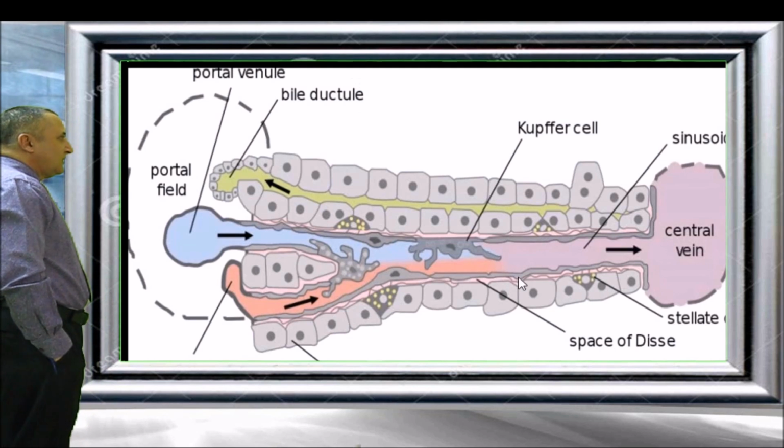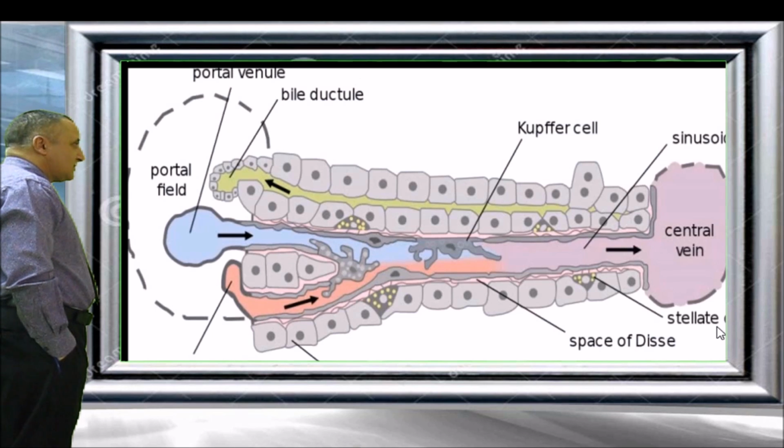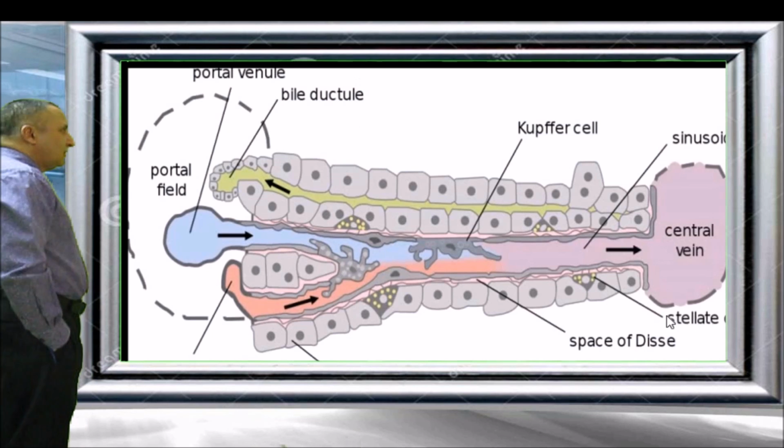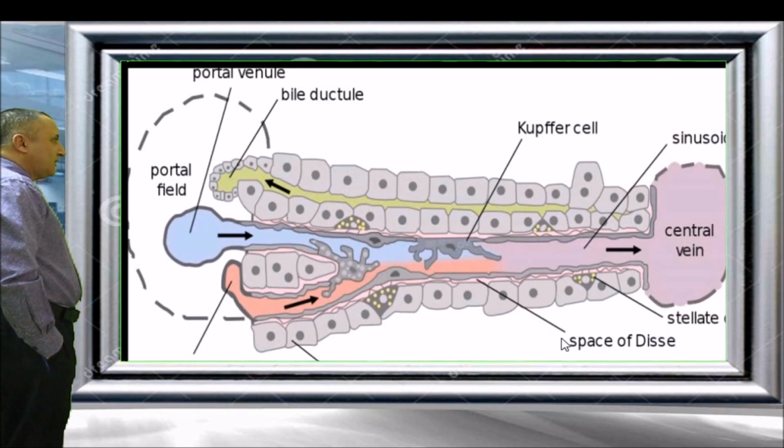So the space of Disse contains the satellite cells, which are important cells, and these hepatic satellite cells are also called Ito cells, interstitial fat-storing cells, or hepatic lipocytes. And there are also other cells which are called pit cells.